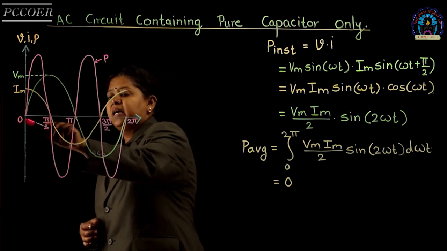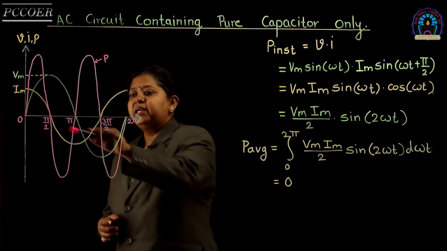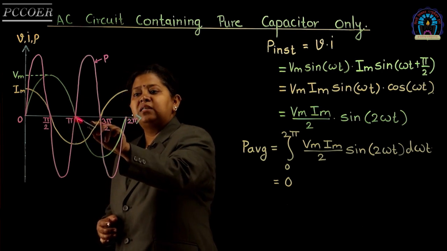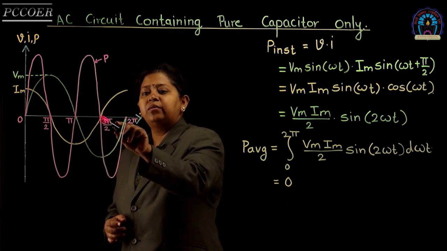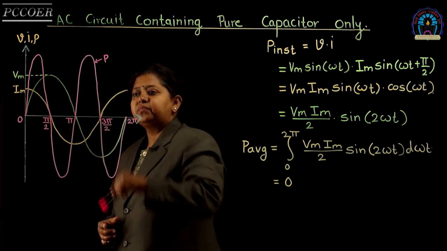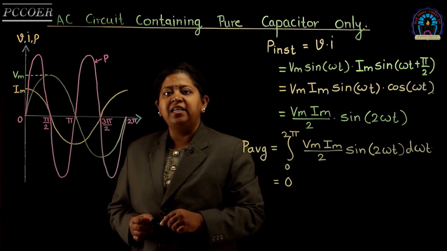Here it can be seen that at theta equal to 0, voltage is 0. At theta equal to pi by 2, current is 0. Again at theta equal to pi, voltage is 0. At theta equal to 3 pi by 2, current is 0. That means at all these points, the product of voltage and current, that is the instantaneous power, is going to be 0.